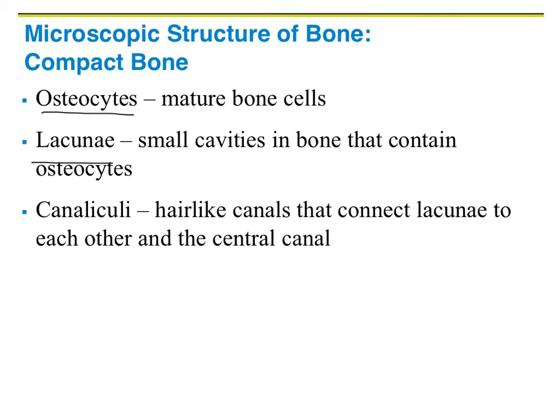There are very small canals, known as canaliculi, that connect the lacunae to each other and the central canal. The canaliculi will feed the osteocytes that are trapped in the matrix.